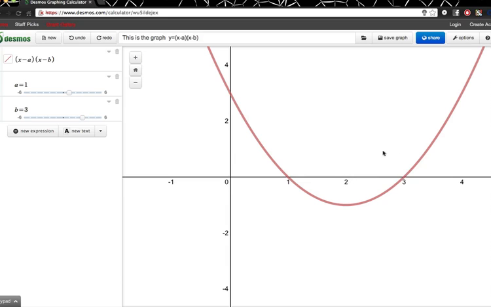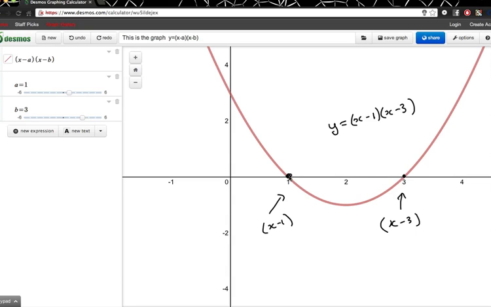So let's clear that again, and let's start looking at slightly different values for these. Now I've changed the value of b to 3, so we're now looking at y equals x minus 1 times x minus 3. And again, there's that x minus 1 factor, which must be 0 for this to cross the x-axis. And this corresponds to a factor of x minus 3 being 0 and the height being 0.